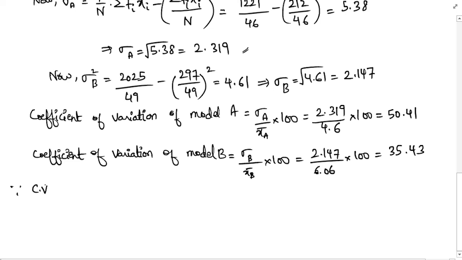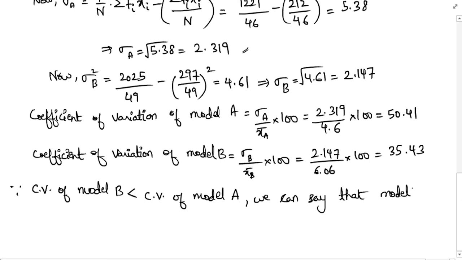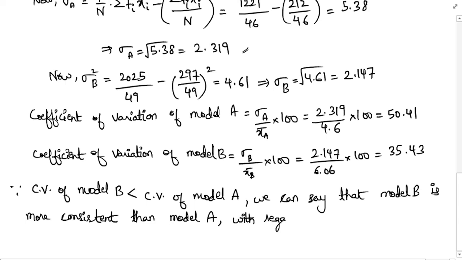Okay, so since the CV, that is the coefficient of variation, of model B is less than the CV of model A, we can say that model B is more consistent than model A with regard to life in years.